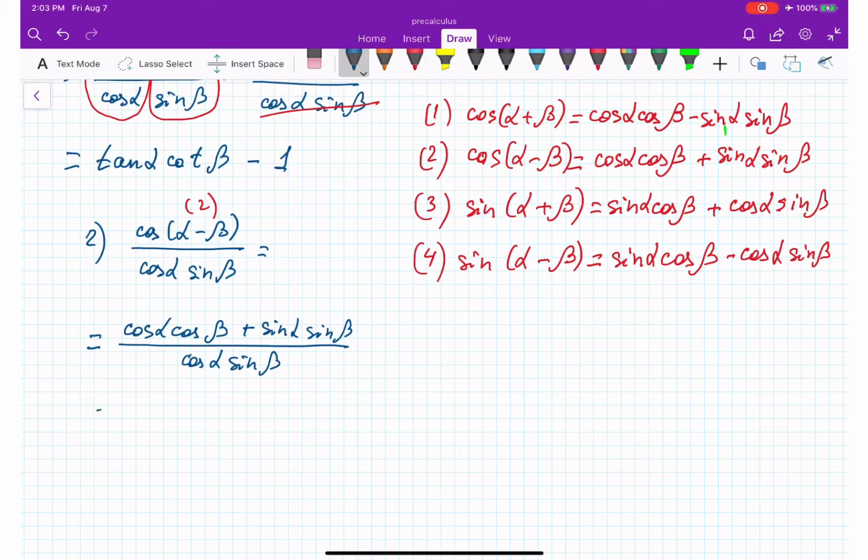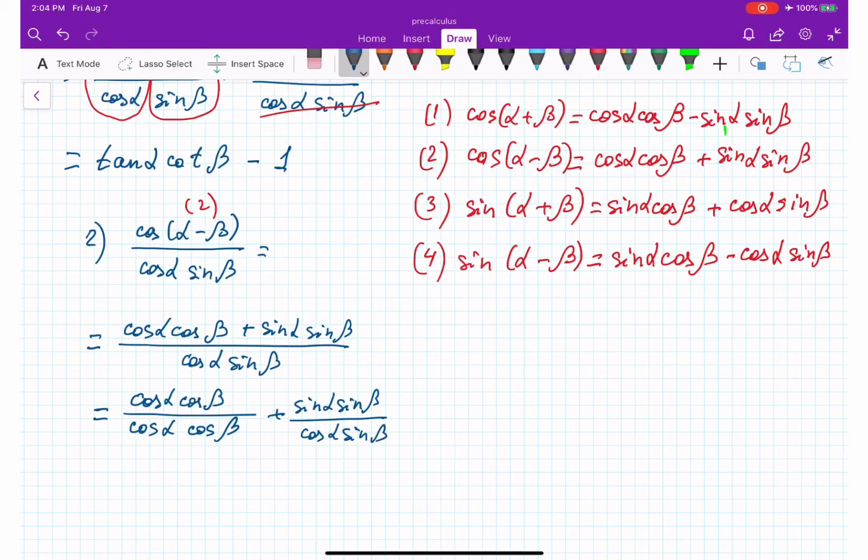This is going to be equal to cosine alpha cosine beta over cosine alpha sine beta, and plus sine alpha sine beta over cosine alpha sine beta.